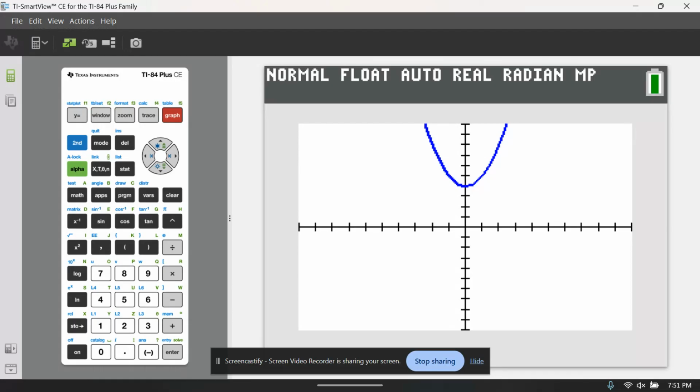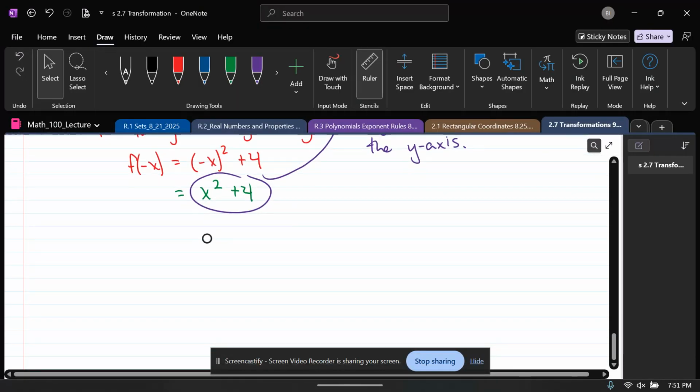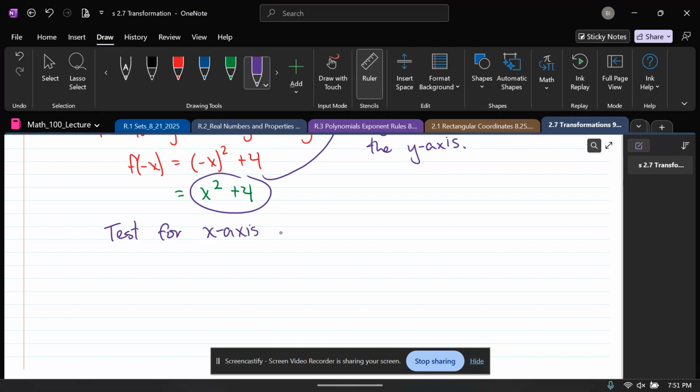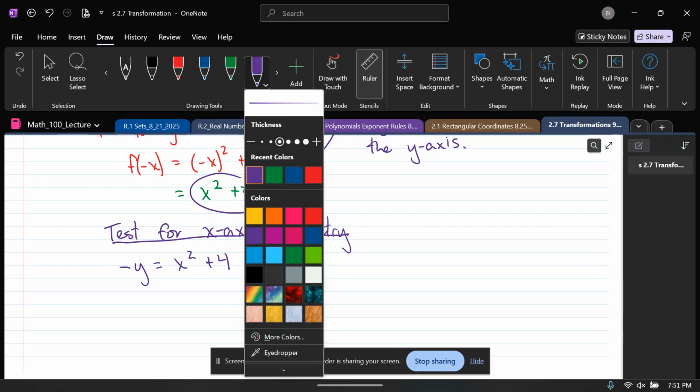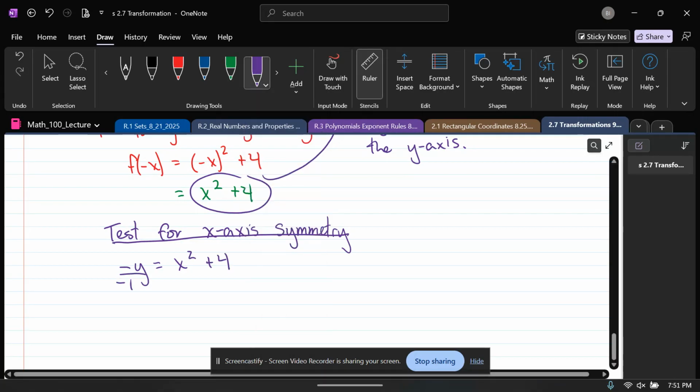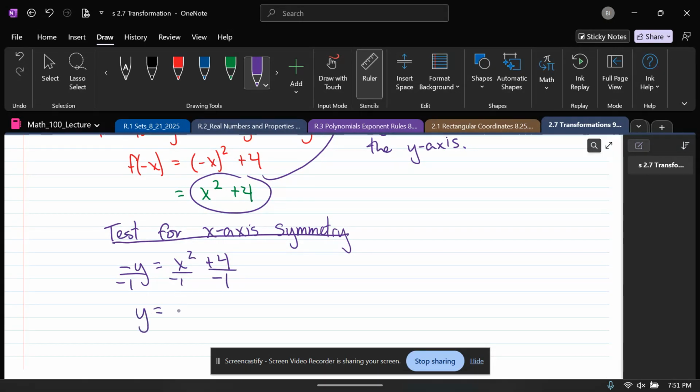Now, can you look at that and tell me if it's symmetric with respect to the x-axis? It is not. I'm going to show you that algebraically. So this is the test for x-axis symmetry. So negative y is equal to x squared plus 4. If I try to get y by itself here, I'm going to divide by negative 1. What happens to those? They all change signs.